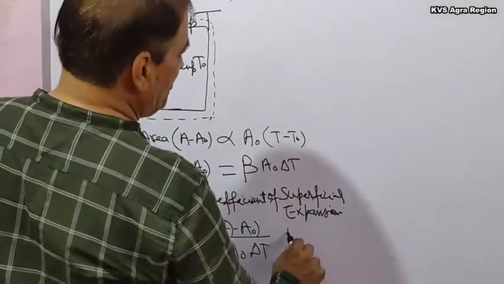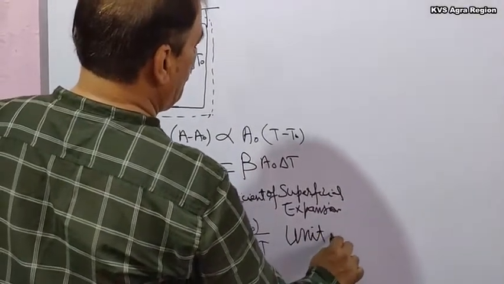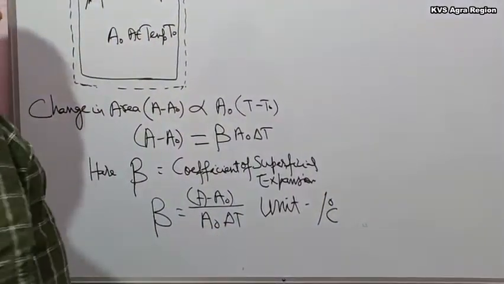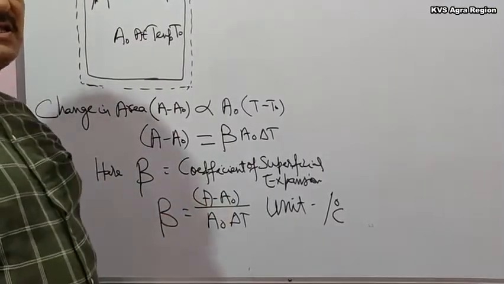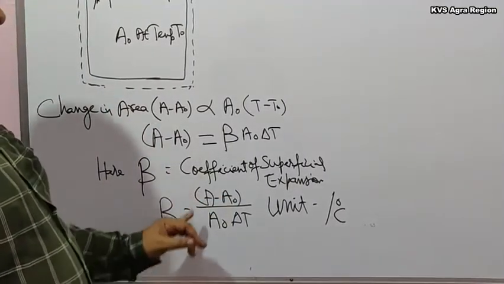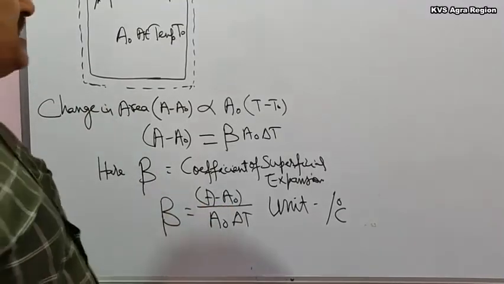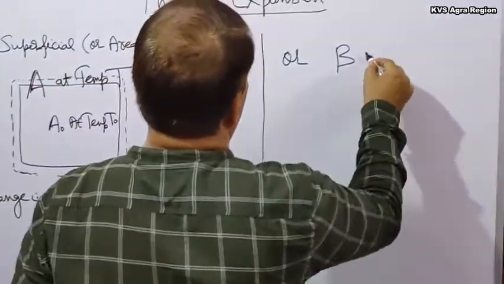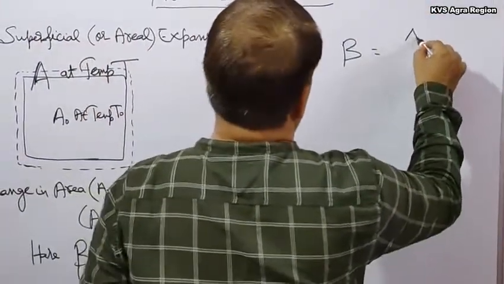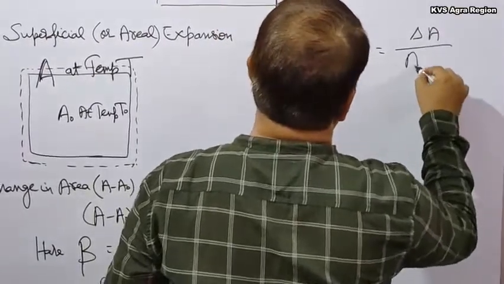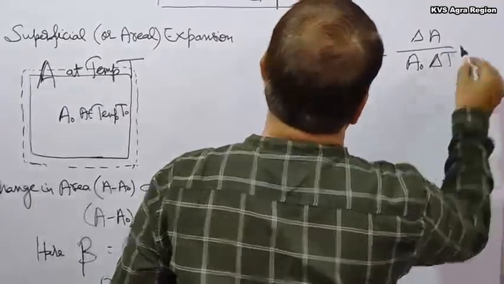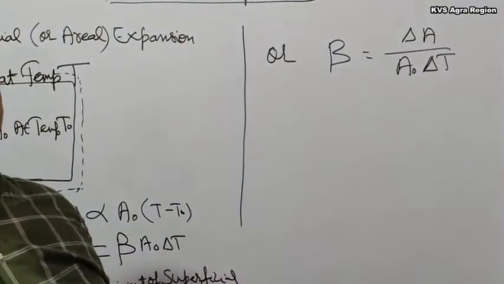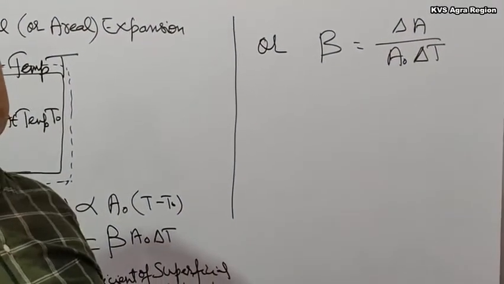Its unit will also be per degree Celsius, because the unit of area in the numerator and denominator will cancel each other. So this is the superficial or areal expansion of solids.